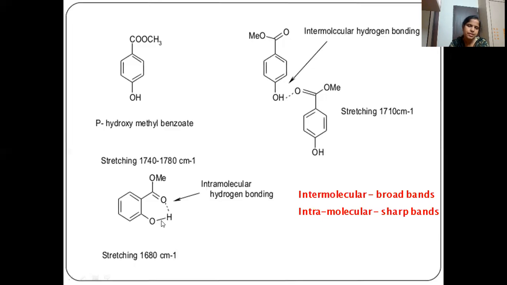So the bond length will increase, or we can say that the force constant of this bond will decrease. When the force constant decreases, the vibrational frequency also decreases. That is the reason why hydrogen bonding, when present in any molecule, will show a lower frequency. Here it is showing at 1680 centimeter inverse.